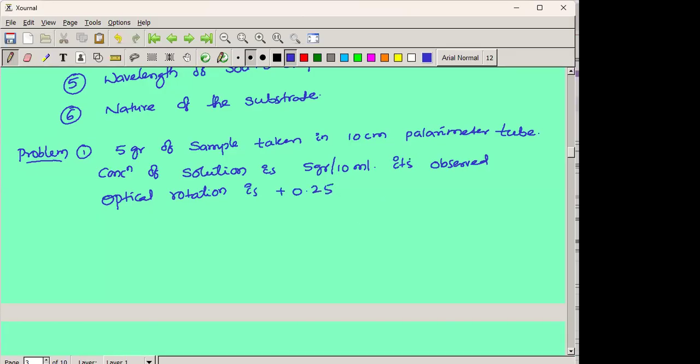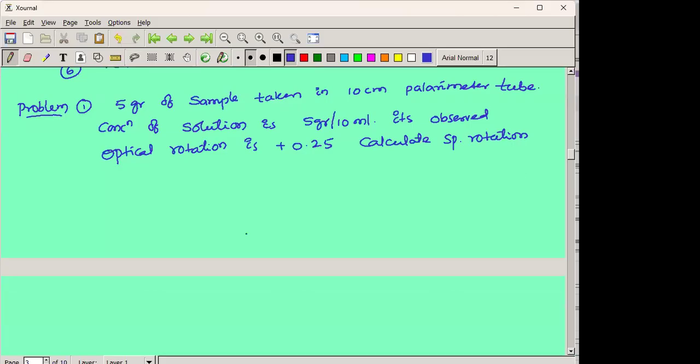Calculate the specific rotation. This is problem number 1. Calculate the specific rotation of the molecule.